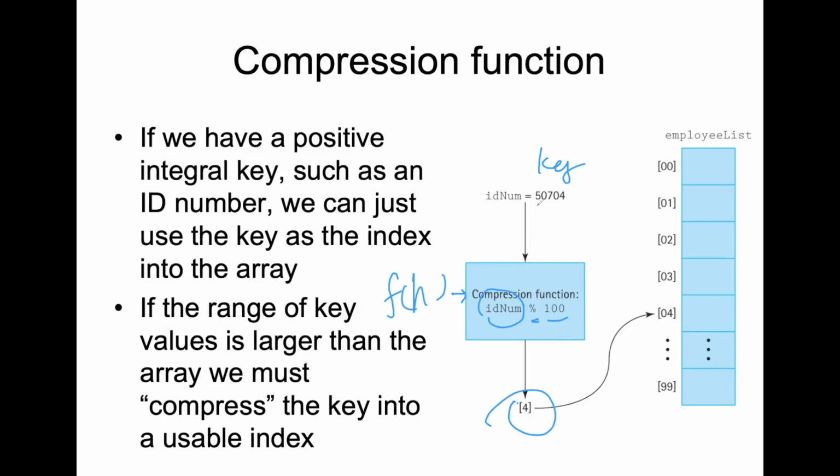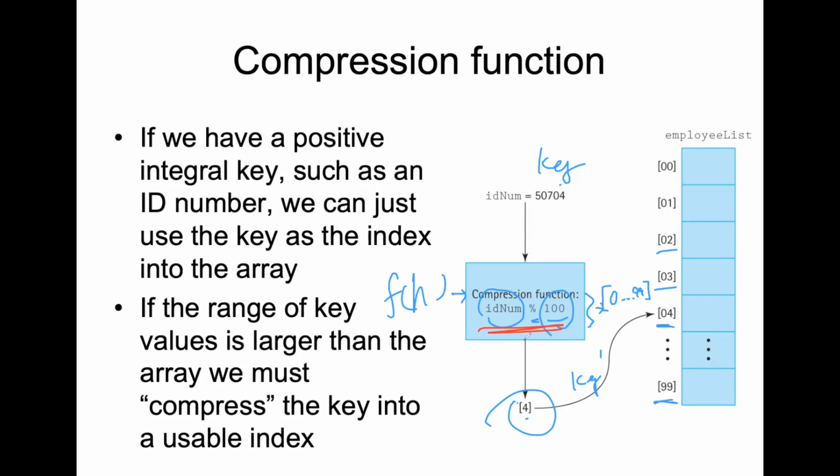For example, an ID number of 50704, modding it by 100 gives you 4. This allows you to hash your key to a key prime that sits at this location. You can also have key double prime, triple prime sitting at various different locations up until 99, because modding by 100 simply gives you any number between the range of 0 through 99, excluding 100.